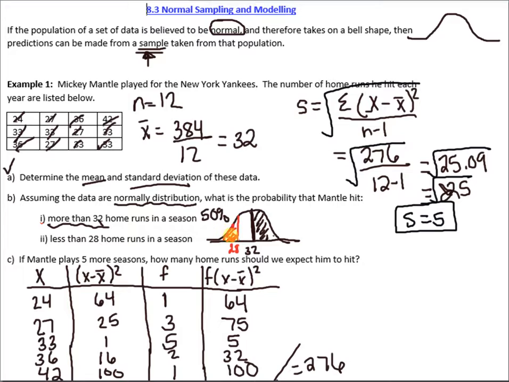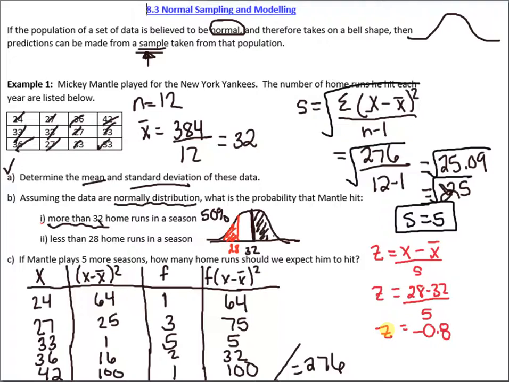So less than 28 home runs. We're looking for this red portion. Let's write in red so that they match up. The z-score equals x minus x bar over sigma. The z-score is going to be 28 minus 32 over 5. 28 minus 32 is -4, divided by 5 is -0.8. That is our z-score.